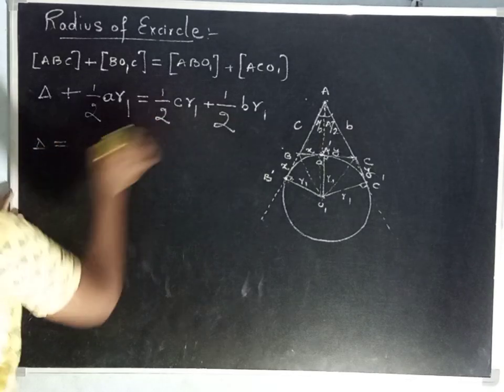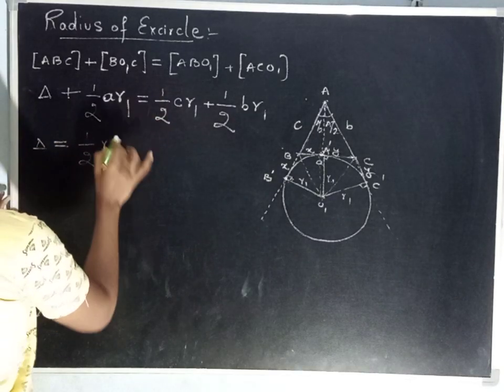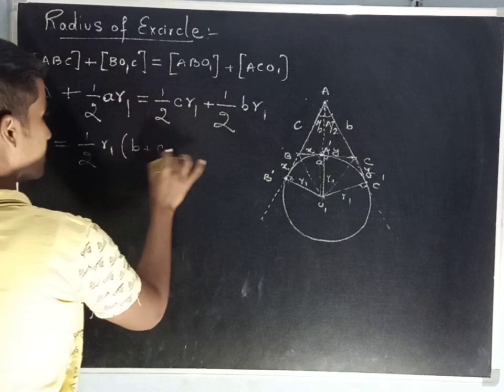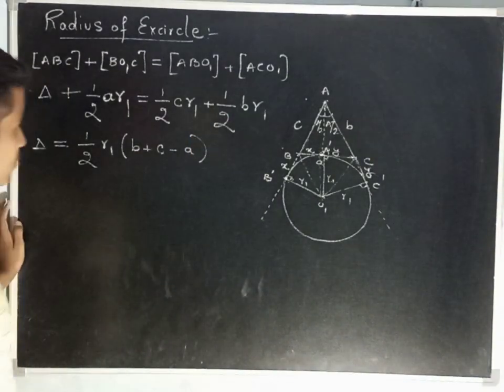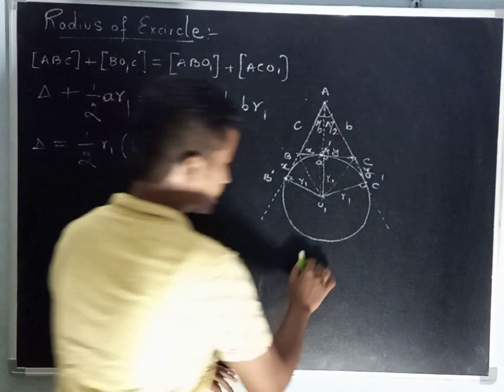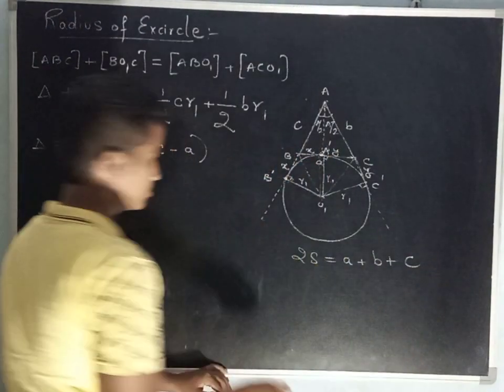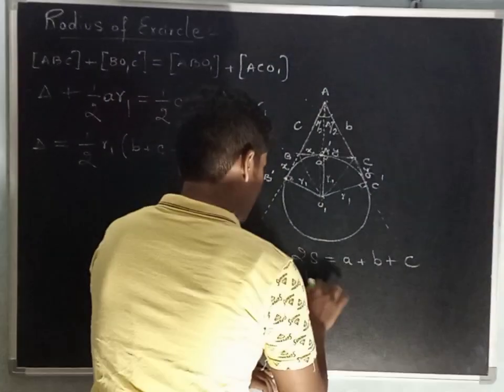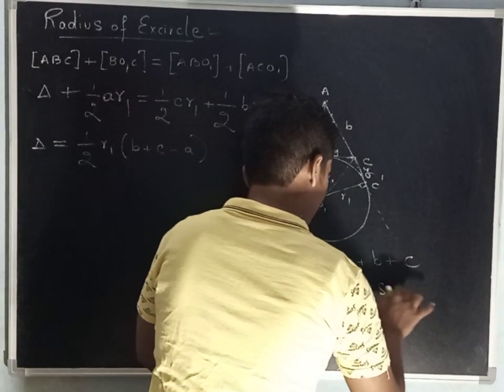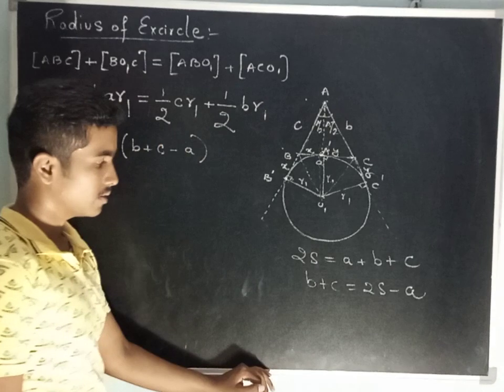Delta is nothing but, let me take half R1 as common, and B plus C minus A. 2S can be written as A plus B plus C. Okay. It means B plus C can be written as 2S minus A. Right?